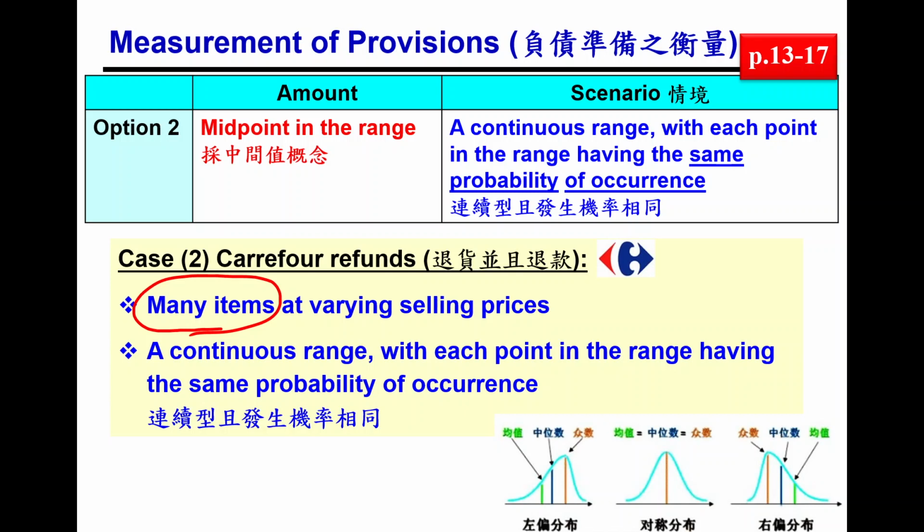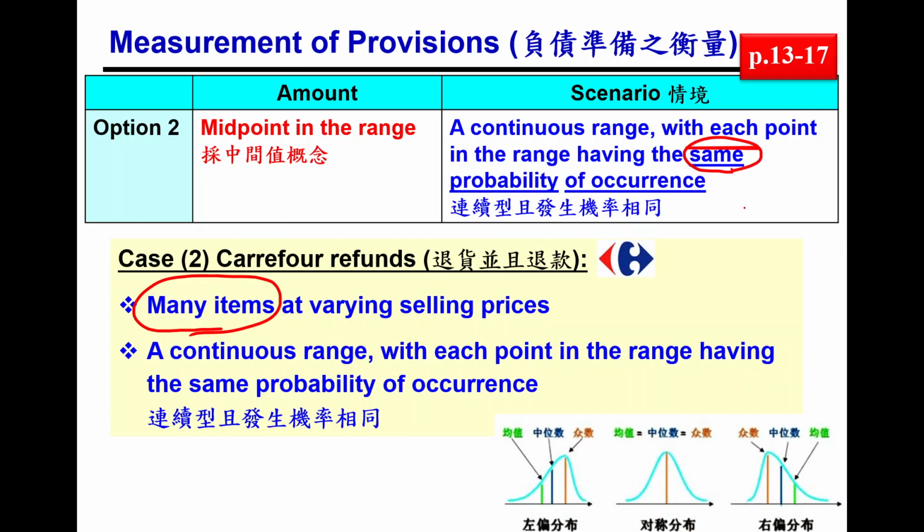So what does same possibility mean? You sell the drink to customers, so there are only two possibilities: they keep the drink or they return the drink. For each one, they have the same possibility, 50%, 50%, the same probability of occurrence.